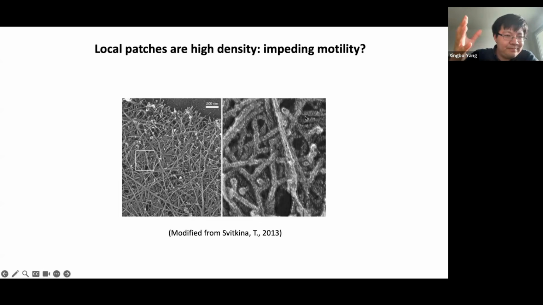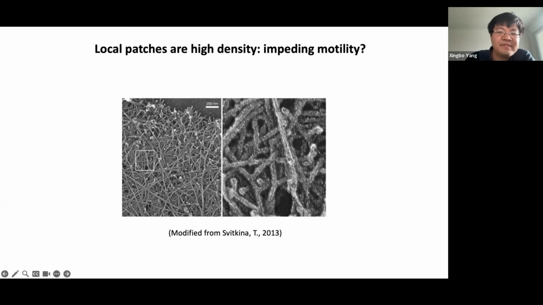What I presented right before, in the hydrodynamic models, and even the particle models, is that we are more or less in a dilute limit, where the particles are more or less independent, except that they want to align with each other, but they are not getting in each other's way. Because if they do, they might impede each other's motilities, so you would not be able to describe the system with a single constant self-propulsion speed. It might depend on the local environment.